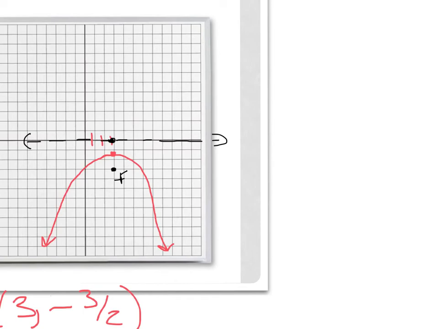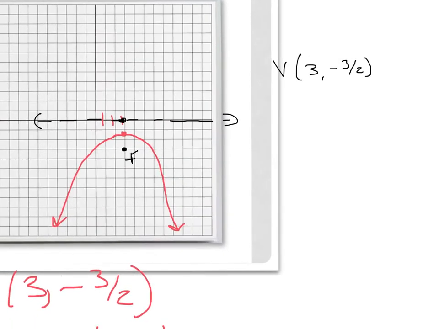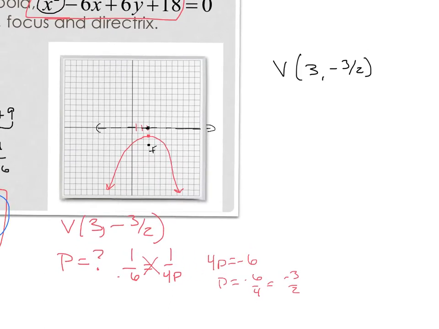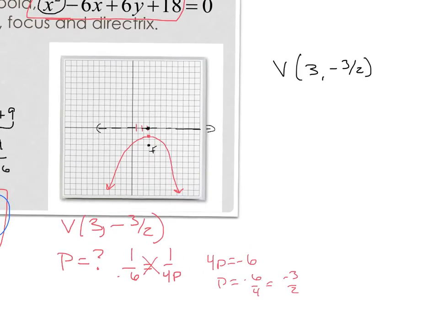So then I can look at this information and find what I need. I can label things. So I knew my vertex was at 3, -3/2. And I know that my p-value is also -3/2.